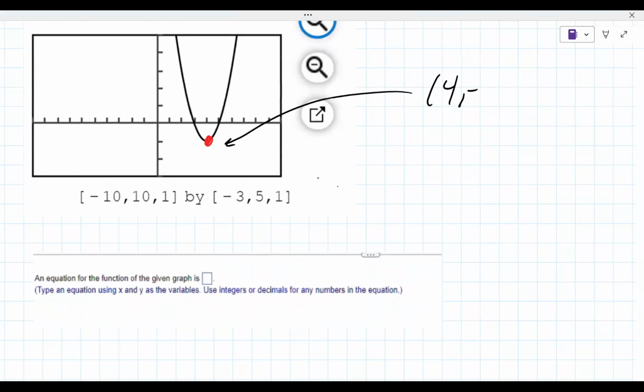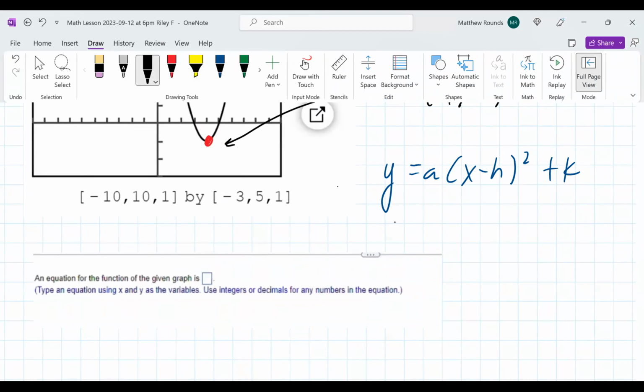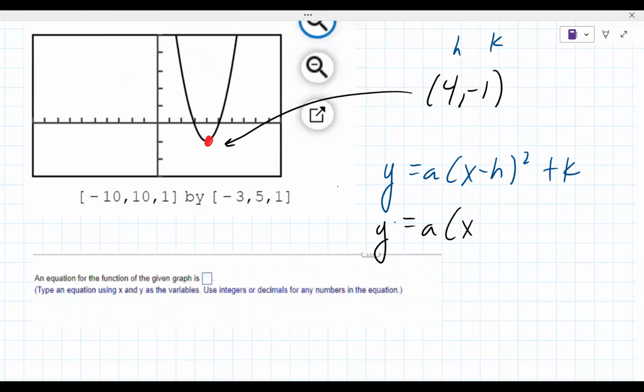Yes. Okay, so we're going to write the vertex form. This is h, this is k. So we're going to put those numbers in: a(x minus 4) squared minus 1, like that.